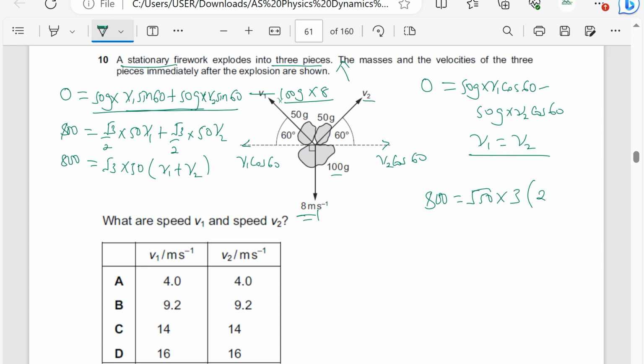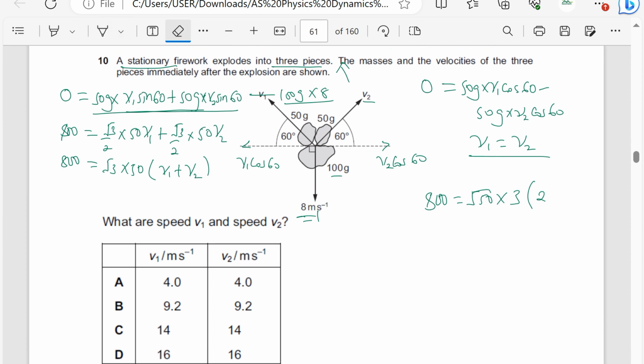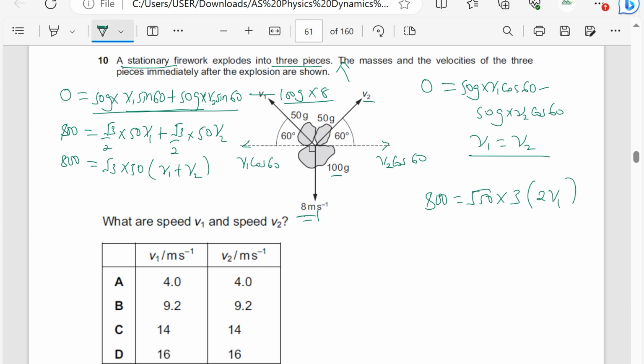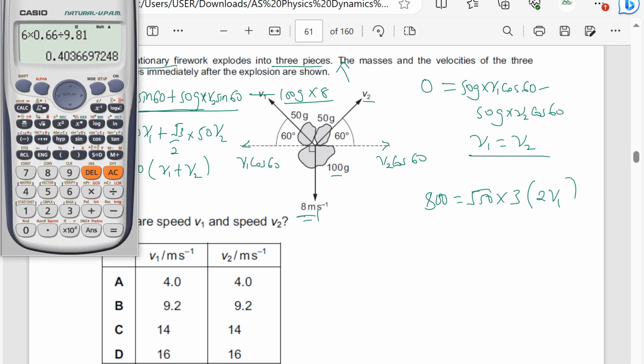Something is wrong with this page. So I'm just going to divide to see what v1 would be using my calculator.